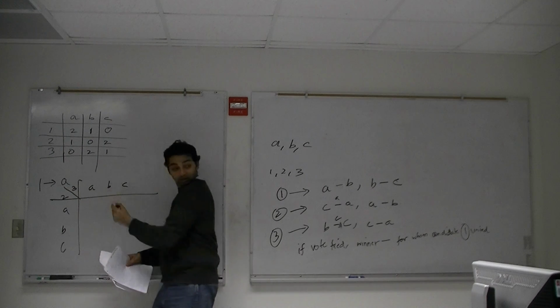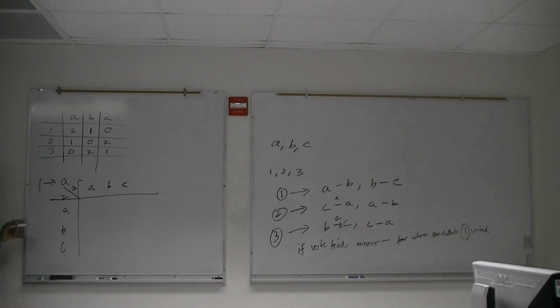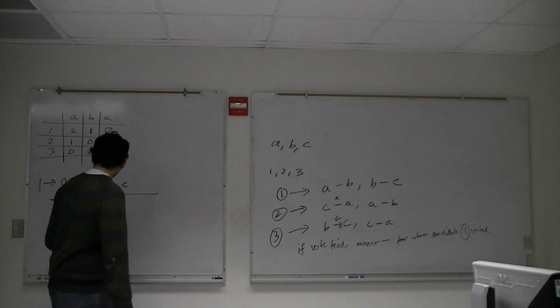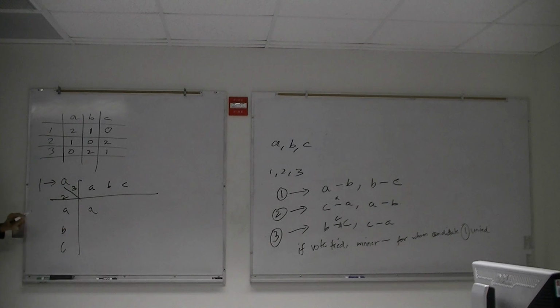So when player 1 chooses A, player 2 chooses A, and player 3 chooses A, what would be the outcome of the game? A, right? So all 3 choose A, so A is going to be the winner in this case.